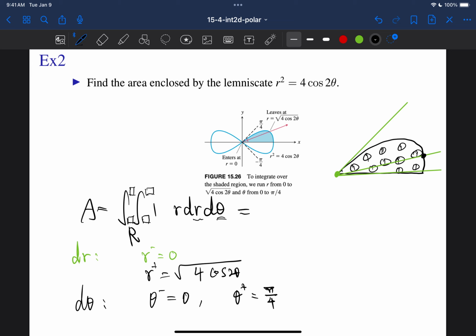So we can rewrite this as theta from 0 to pi over 4, and r from 0 to the square root of 4 cosine 2 theta, taking the 4 out of the square root it becomes 2 times the square root of cosine 2 theta, with r dr d theta. This is the area for this problem in the polar coordinate system.